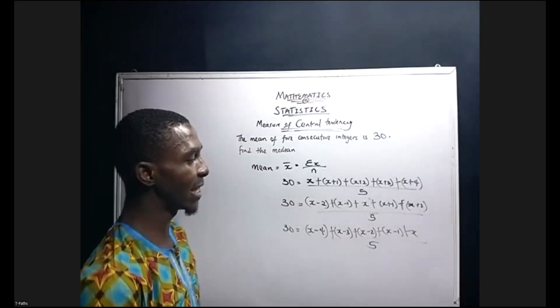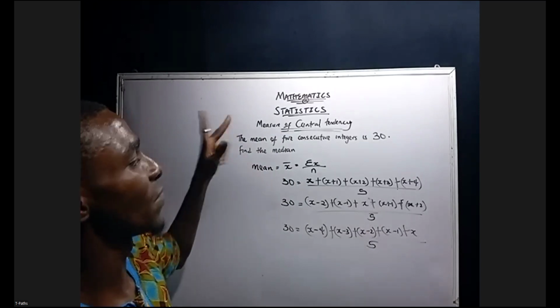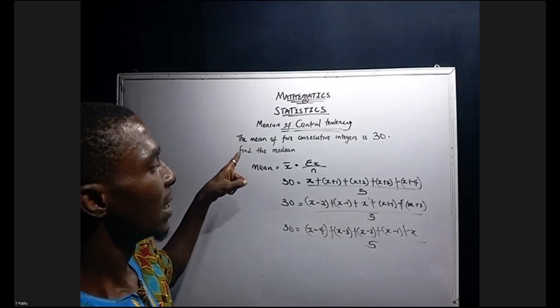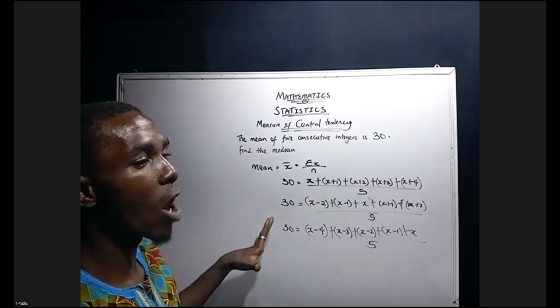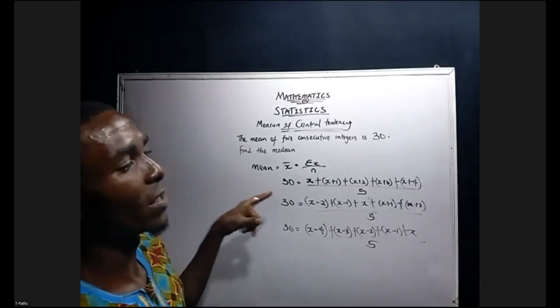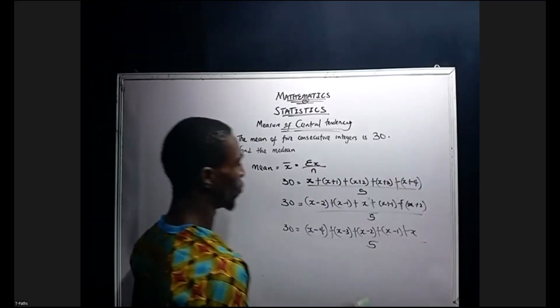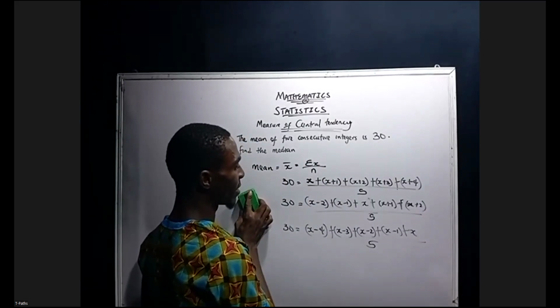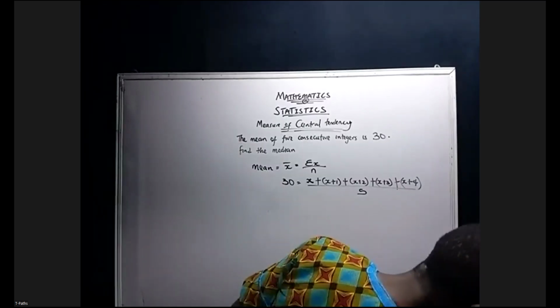I have given you 3 types of consecutive numbers that you can use to solve this question. Whichever one you want, you can pick any of your choice. I will go with the first one. Solve the other 2 on your own and get the same answer as what we are arriving at here.